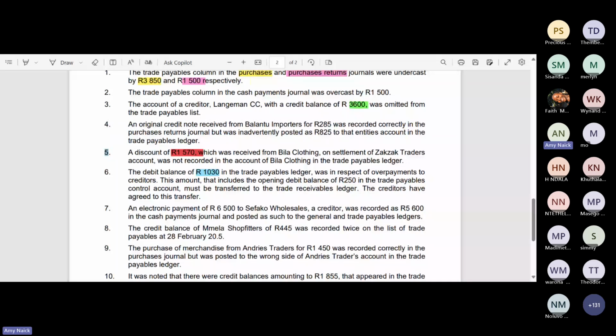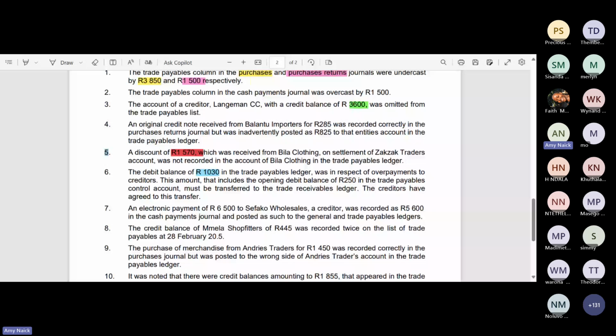Then with point 6, they're saying the debit balance of 1030 in the trade payables ledger was in respect of overpayments to creditors, right? So basically, we have paid a creditor more money than what we owe them. So you need to correct it, and that is essentially the crux of it.